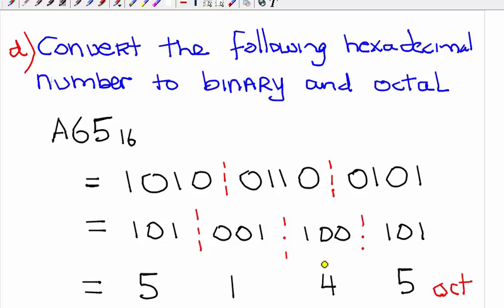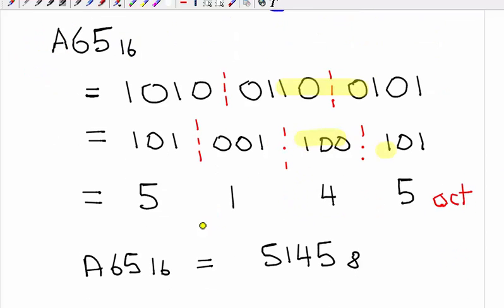Again, breaking it up into groups of 3, starting from the right-hand side: 101, then 100, then 011, then 001, and finally 101. And that corresponds to 5145 in octal numbers. So that is our last one there.